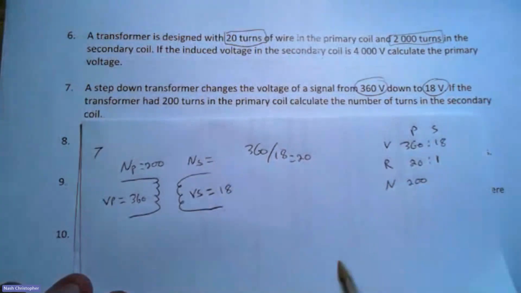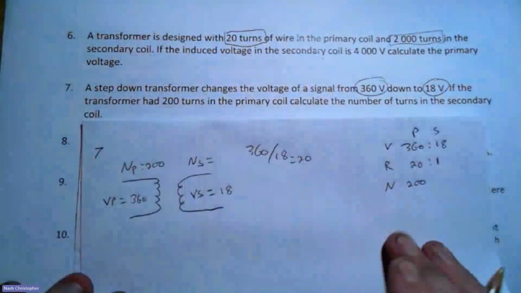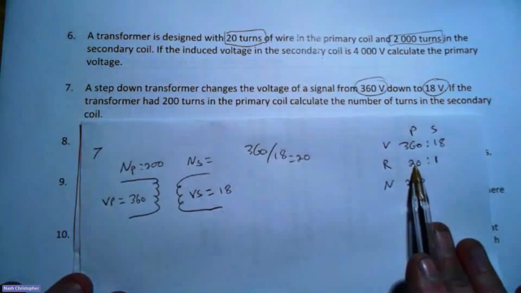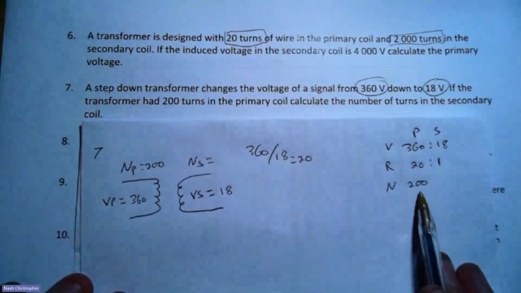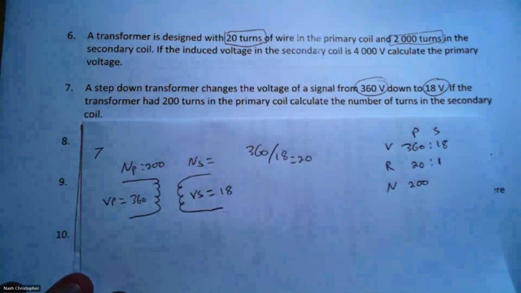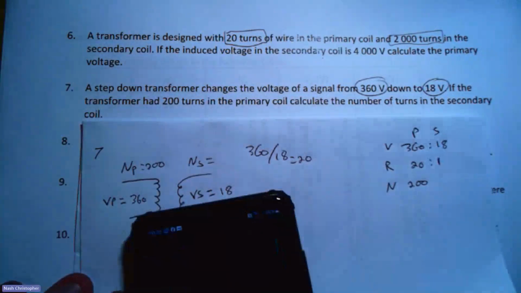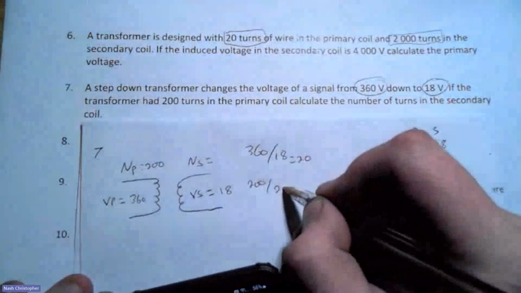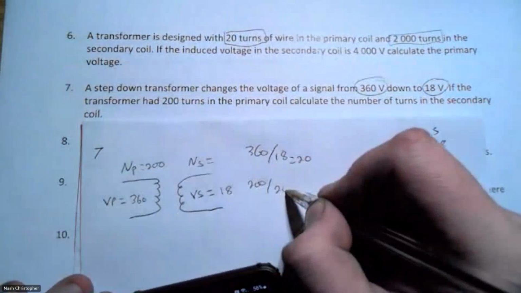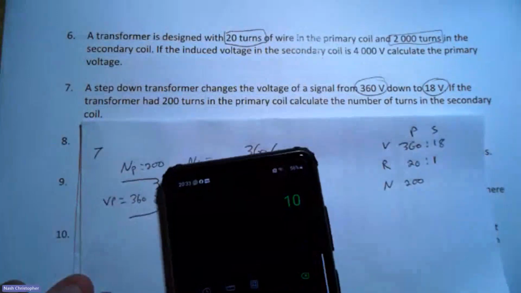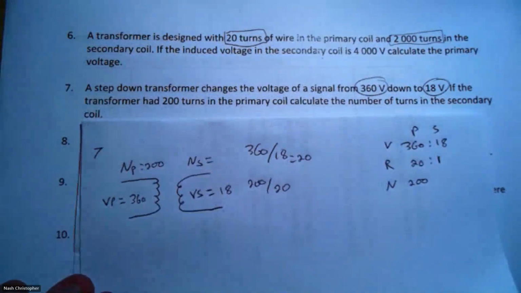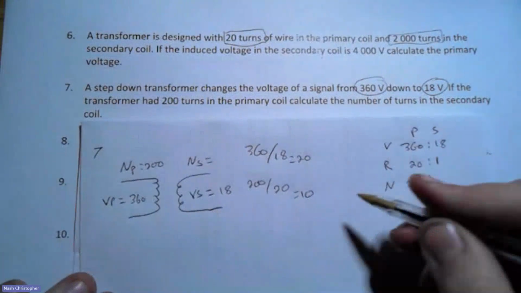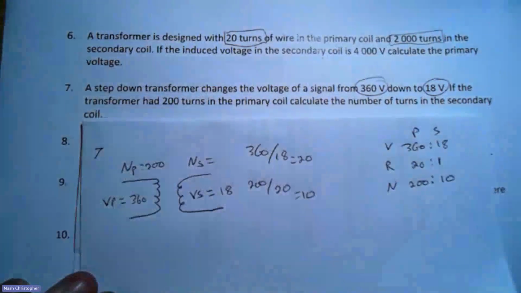So we know that anything on the primary side is 20 times bigger than on the secondary. So we take that 200, divide it by 20, which is 10. So we know that the secondary side is 10.